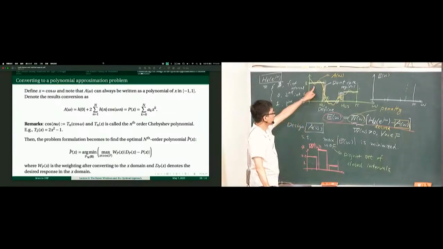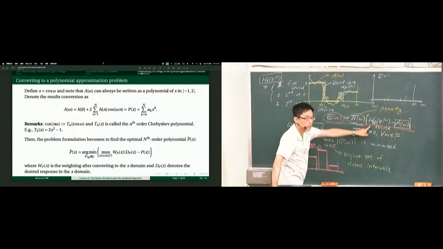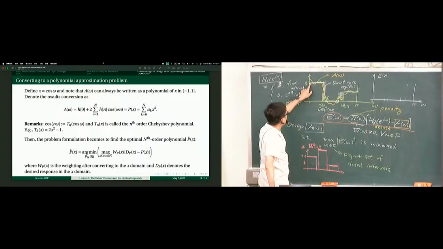So how does the approximation error look like? It's weighted 2.5 times larger, right? With this weight function for the first passband, and the error is actually, this is the way I define it, right? So this is the desired response minus the result of your design. So the error is negative to begin with.